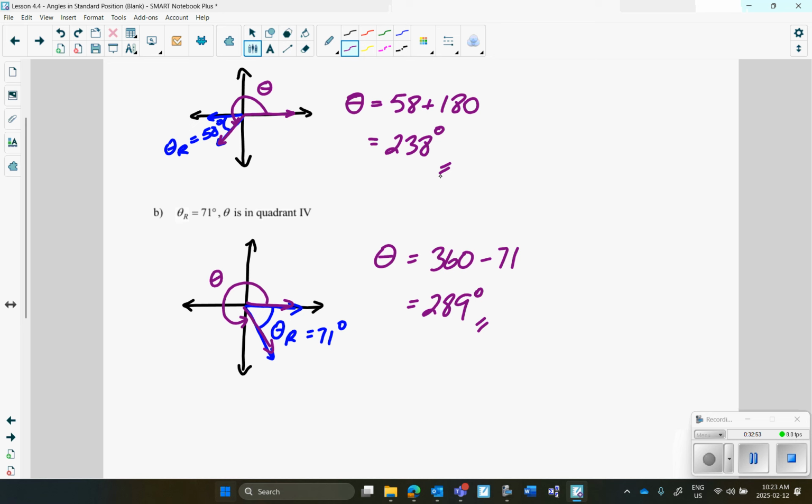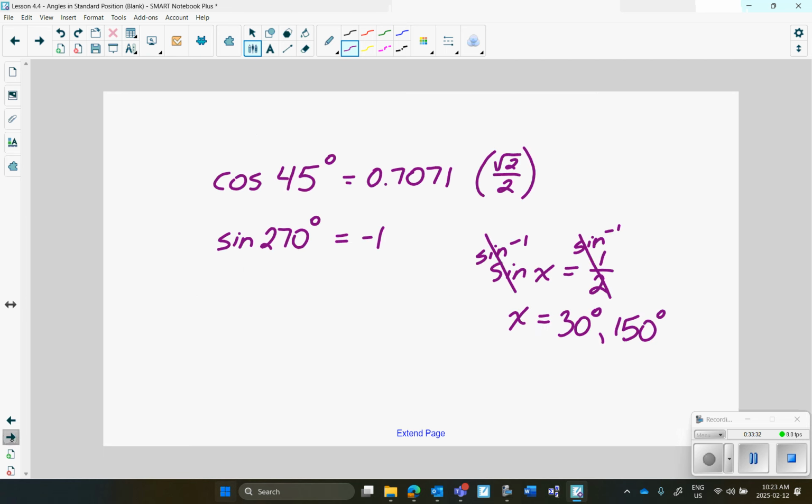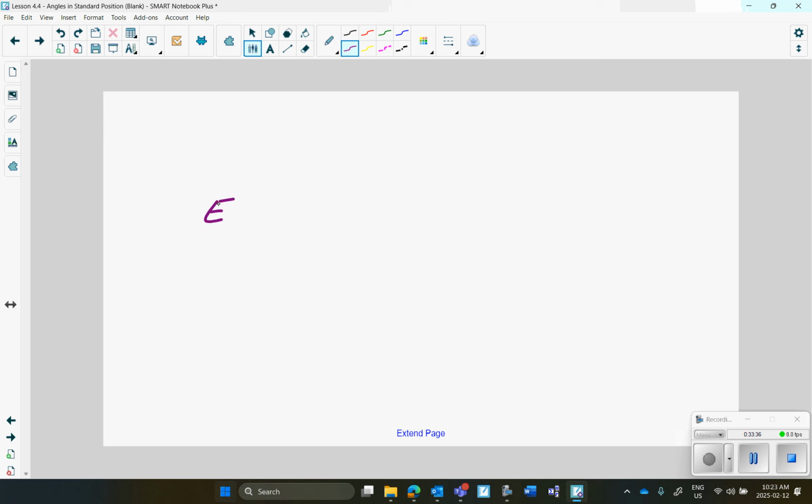So basically for Monday, Tuesday, and we do have Math Tuesday because it's a Monday schedule, I would like you to do exercise 4.4 and exercise 4.5, but only these questions.